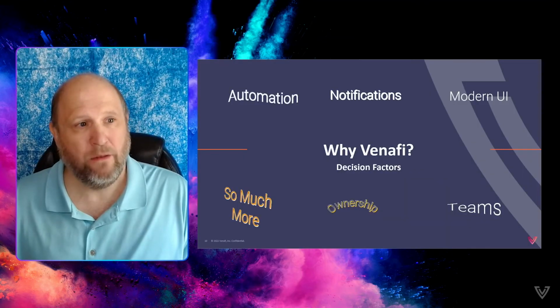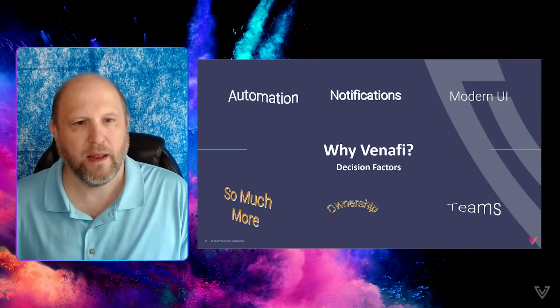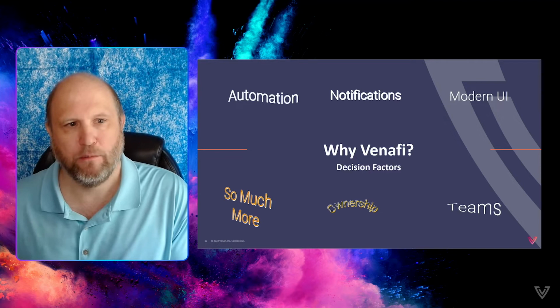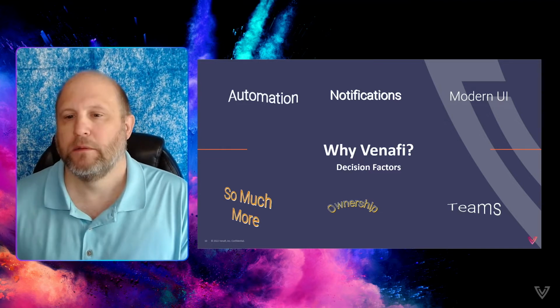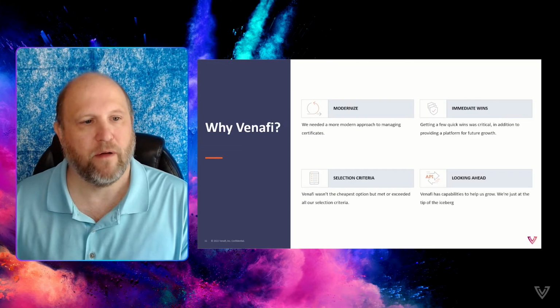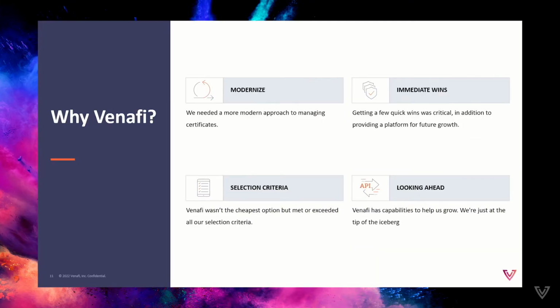One of the main reasons we chose Venafi was that it met our immediate needs, and it gave us a platform to do so much more. Let's look at some of the items that we looked at when we chose Venafi. We knew we wanted to modernize. We needed to have a more modern approach to our solution set.